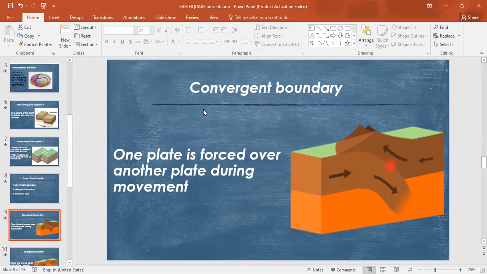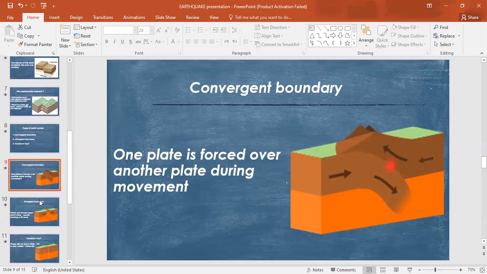It happens when one plate is forced over another plate during movement, as we can see here in the photo, thus creating something called a thrust fault. So this is the first type of earthquake.